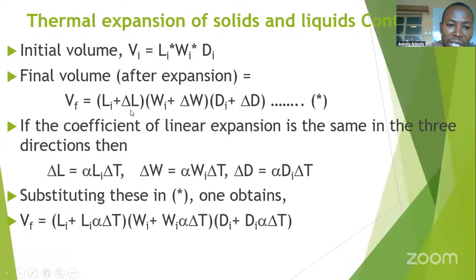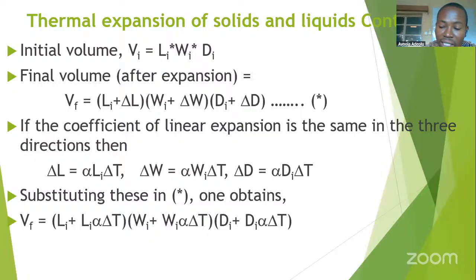That is, the length, the width, and the depth have each increased by little amounts, delta L, delta W, delta D. If the coefficient of linear expansion is the same in the 3 directions, as I've said, if the length, the breadth, and the height are made up of the same material, that means they have the same coefficient of linear expansion in all directions.